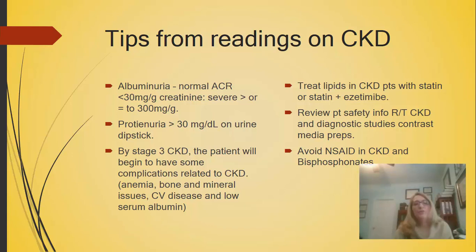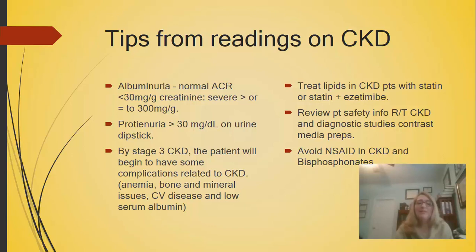If it's stage 3, the patient will begin to have some complications like we talked about with chronic kidney disease. They're going to start having some anemia, bone and mineral issues. They may have a spontaneous fracture, or if they fall, they will fracture often.